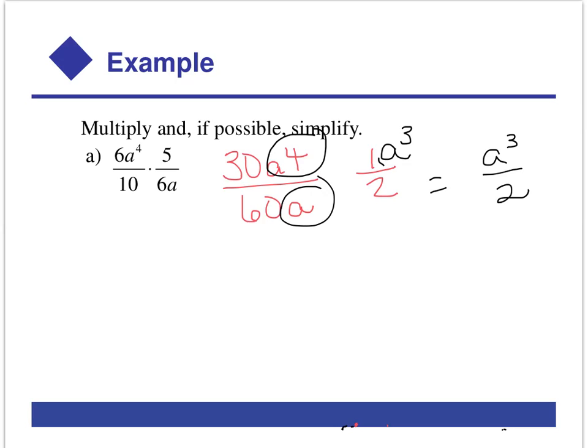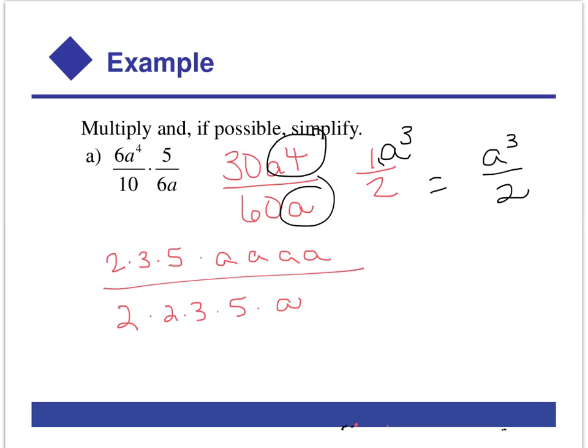And you could have factored it out if you wanted to, and that would have made it a lot easier if you needed to do prime factorization. So if you did prime factorization, you would have 2 times 3 times 5 times a times a times a times a over 2 times 2 times 3 times 5 times a.